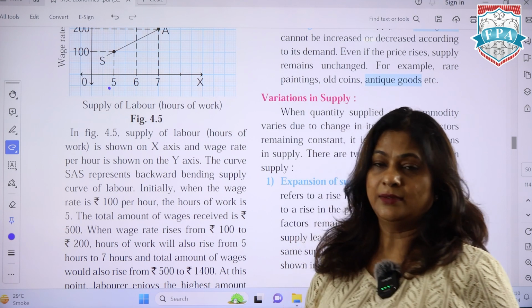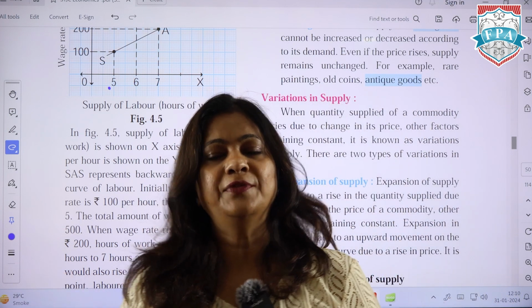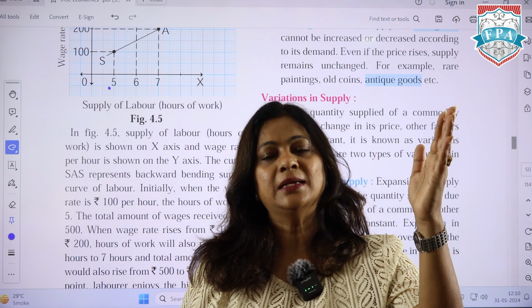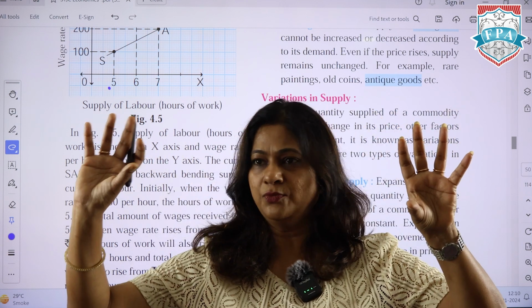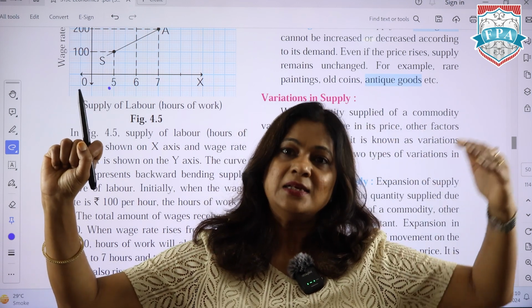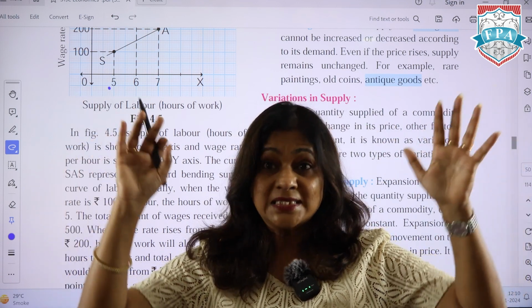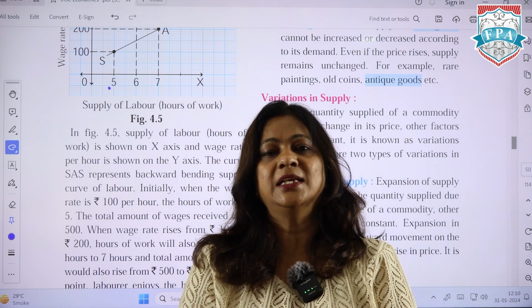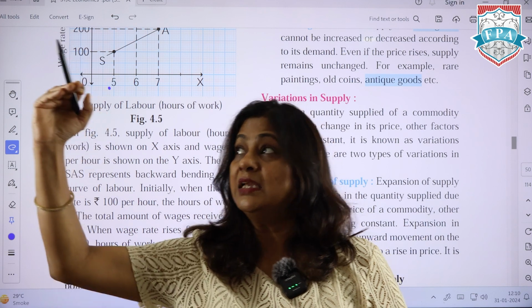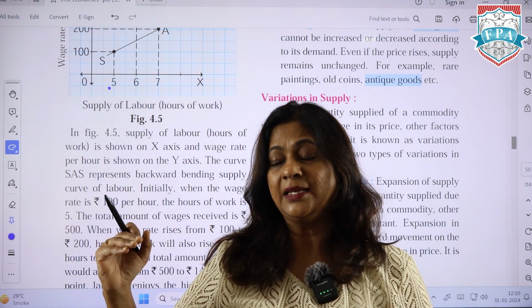Variations in supply. Now guys, we've already done law of demand, so you will understand this very quickly. In the law of demand there were two parts, wherein one was shift in the demand curve and one was expansion and contraction. Similarly, in case of supply, one is a shift in the supply curve, which is increase or decrease in the supply.